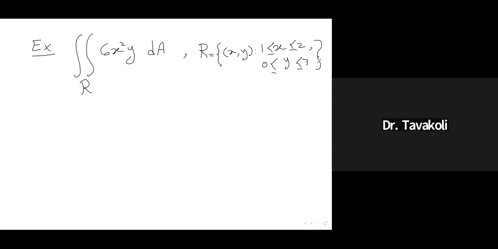This question from the beginning could have been given by using the limits of these two integrals. So the question could have been given like this, the same question. The integral x runs from 1 to 2. If I go with x first, dx would be for the inside integral. And y goes from 0 to 3, so dy goes for the exterior integral.